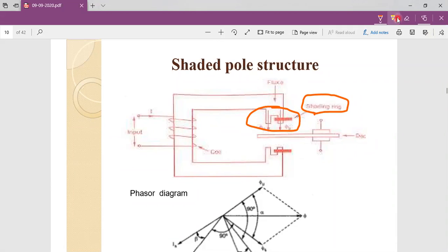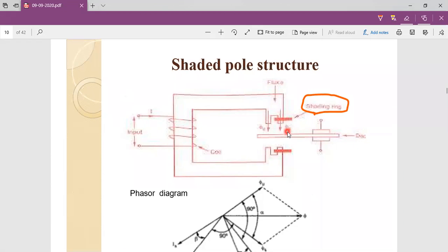Here the available flux at tip 1 we call phi u, that is the flux from the unshaded part. Now here we can see one more flux, from the shaded tip.